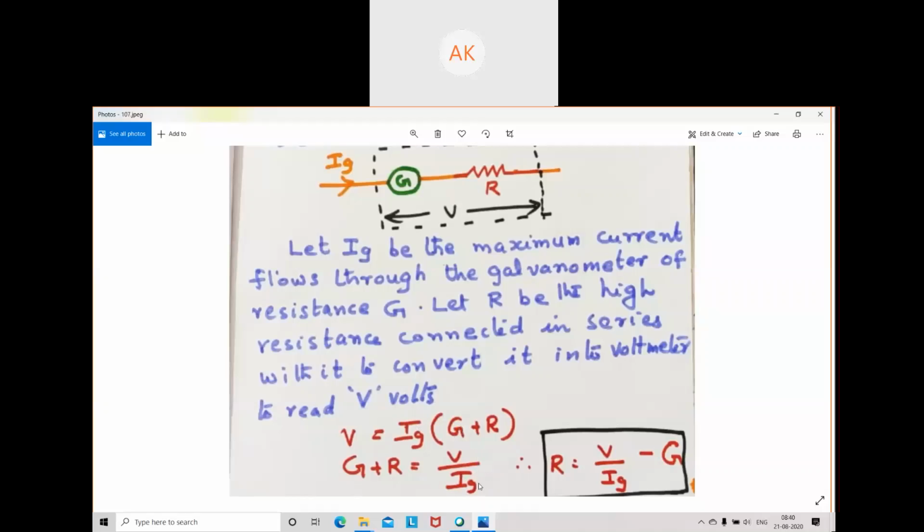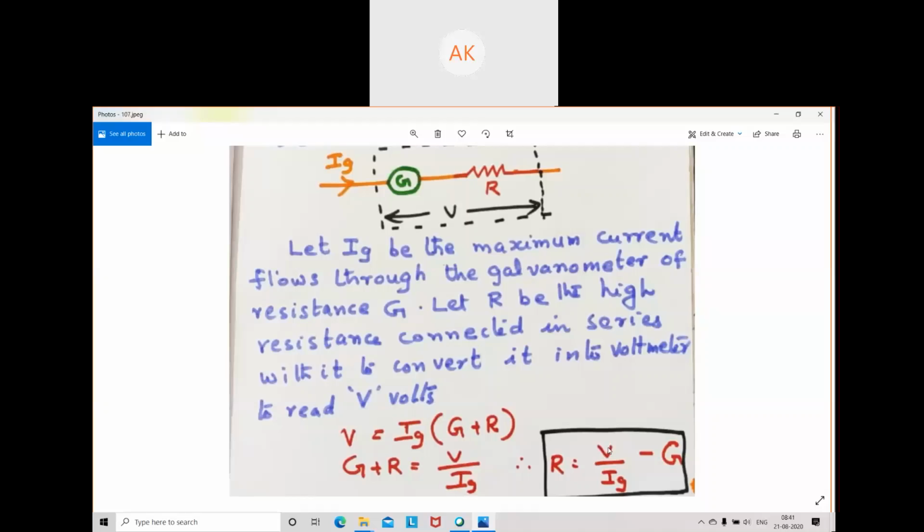V by Ig. And what we have to find out? We have to find out the resistance. What resistance we should connect to the galvanometer to read V volt? That is given by this formula. V is the voltage that is to be measured, 0 to 3 volt. Different ranges of voltmeters are available: 0 to 100 volt, 0 to 30 volt, 0 to 5 volt, 0 to 1 volt, like that. Voltmeters of different range.